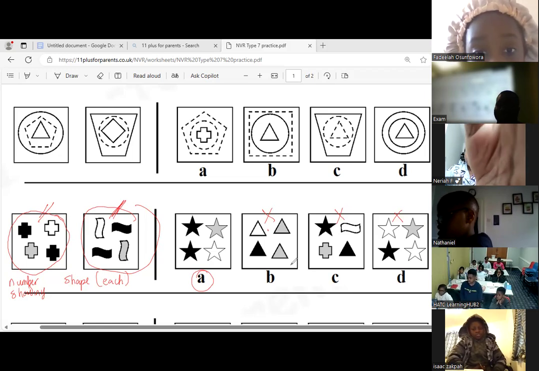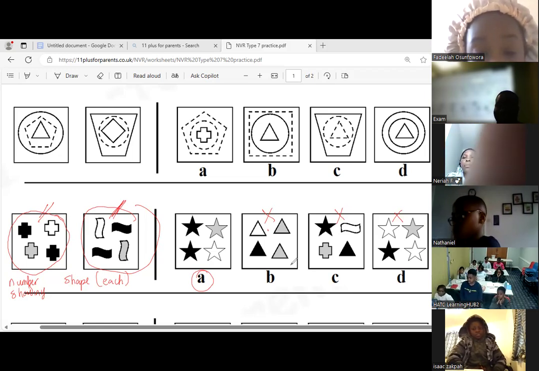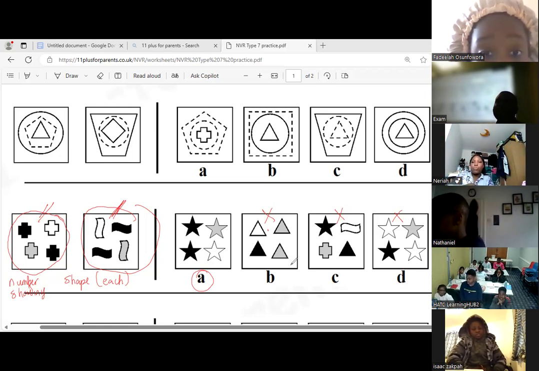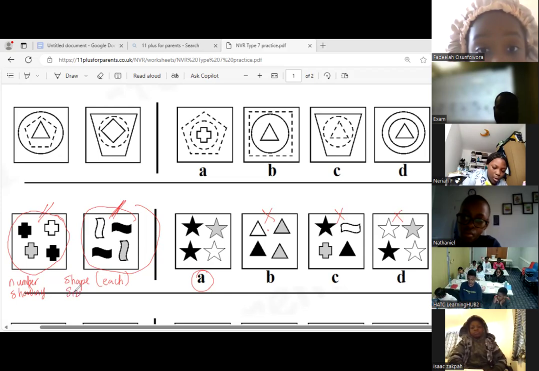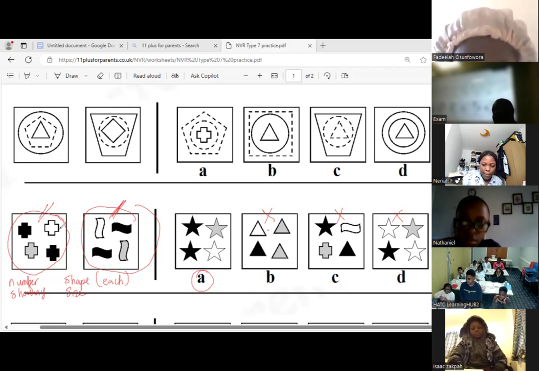Yes, I mean, if you wrote size as a rule, yes, you can mark it for yourself, because yes, it's the same shape and the same size for each of the shapes that we have inside one block as well. You can give yourself a tick.